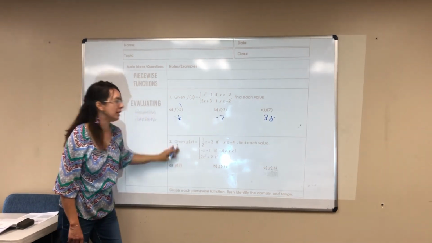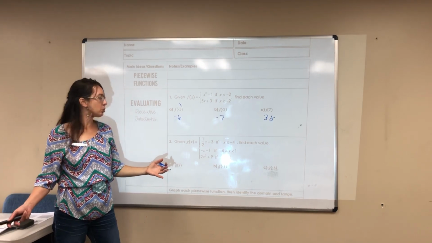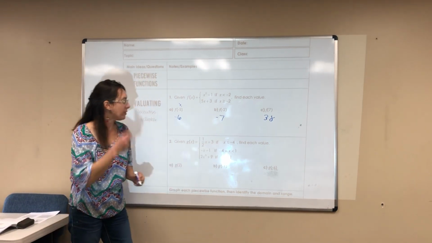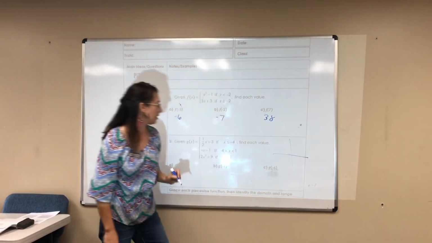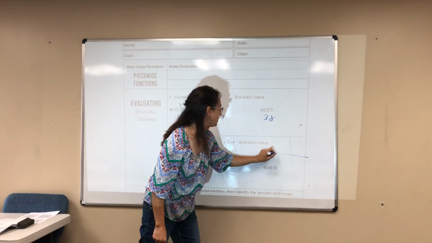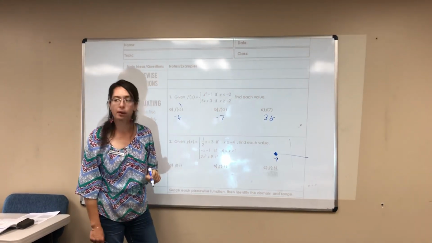This one gives us 3, which is fine, right? It's just telling us which part of it. Basically, we've got a couple of different sections. If I look at my x values, I've got stuff that's less than or equal to negative 4. So that's kind of a break.